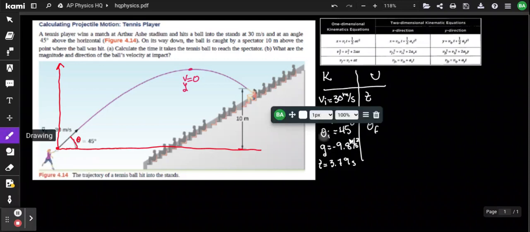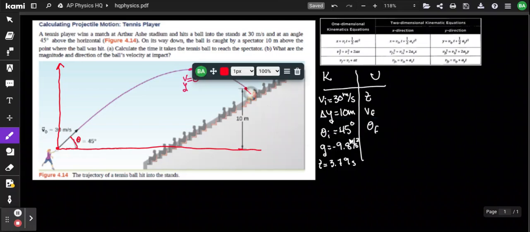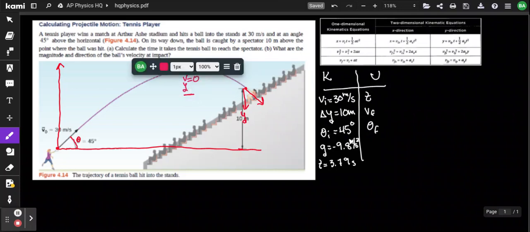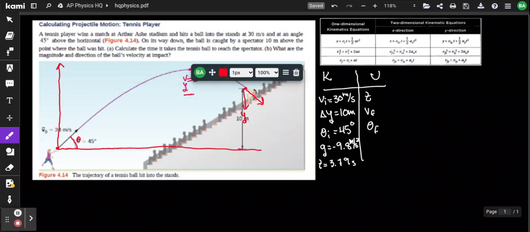A good visual is that the final velocity just before it hits the woman's hand is going to look something like this, with a negative y component, because after we reach our zero velocity here, we have negative acceleration and a constant x component. And this is going to be the angle we're looking for, which signifies our direction.